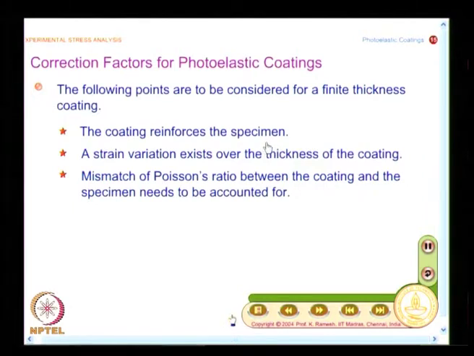And I also said there is a comfort. People started developing photoelastic coating with glass as the coating material, and glass has a Young's modulus of 70 GPa, which is comparable to the base material, that definitely reinforces.